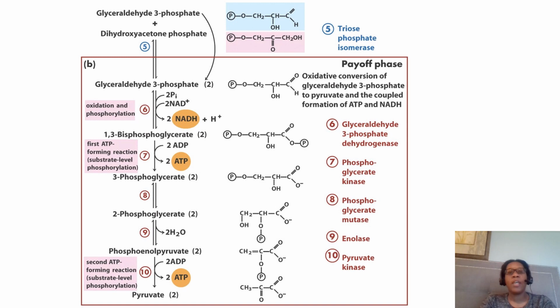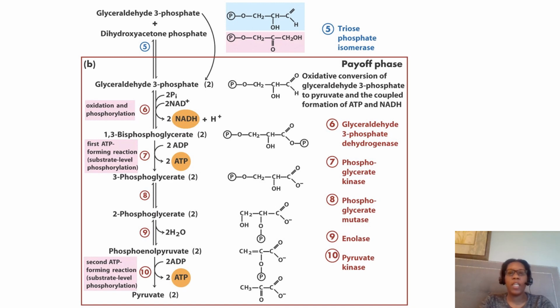This enzyme also adds a phosphate group to our GAP molecule, our glyceraldehyde 3-phosphate. So we're taking an inorganic phosphate. When we add an inorganic phosphate to GAP, we have 1,3-BPG, 1,3-bisphosphoglycerate. We have 2 molecules of 1,3-bisphosphoglycerate.